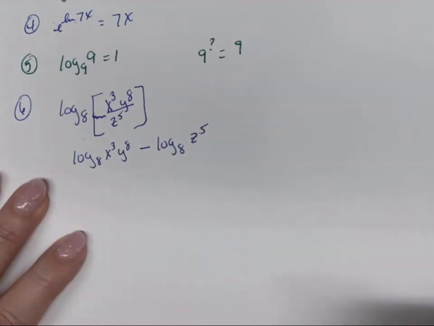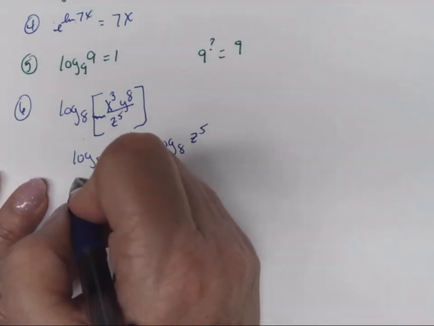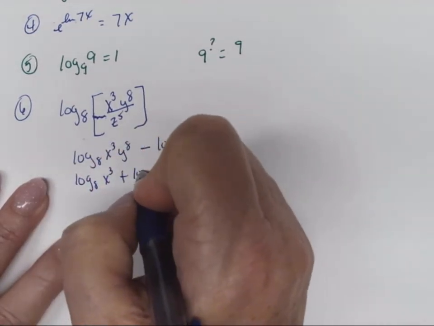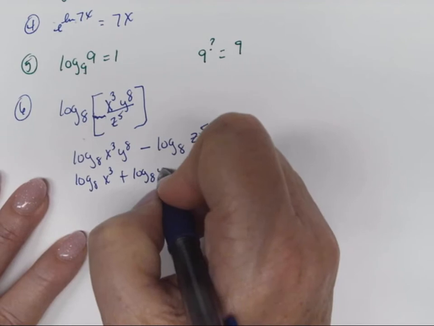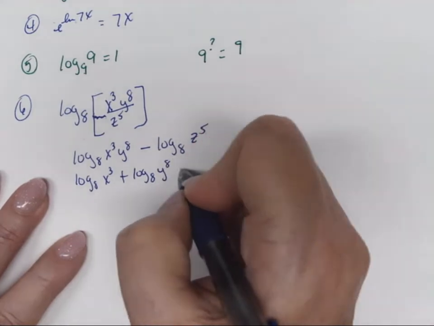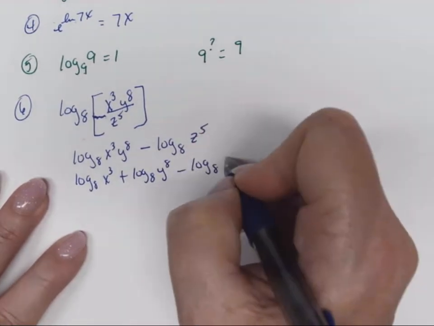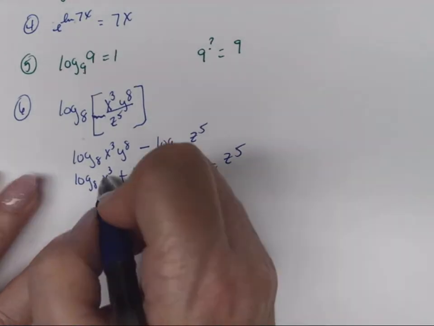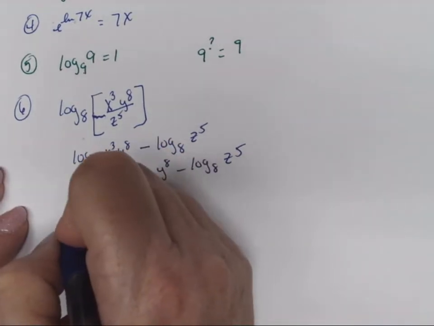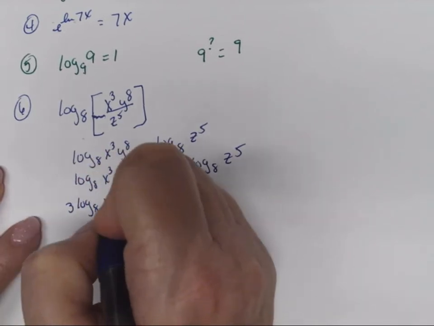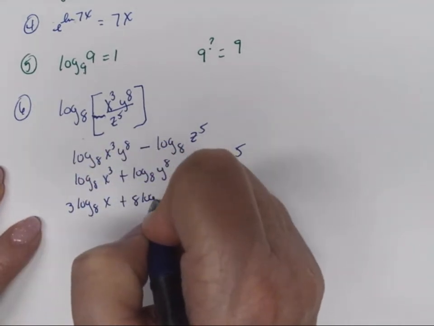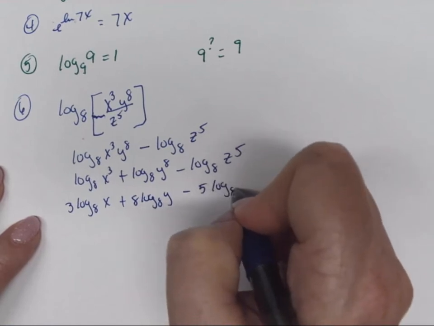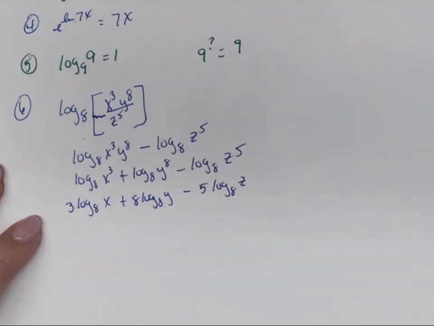Now, x cubed and y to the 8th become addition, so log base 8 x cubed plus log base 8 y to the 8 minus log base 8 z to the 5th. The last step is to move the exponents. So you get 3 log base 8 x plus 8 log base 8 y minus 5 log base 8 z.